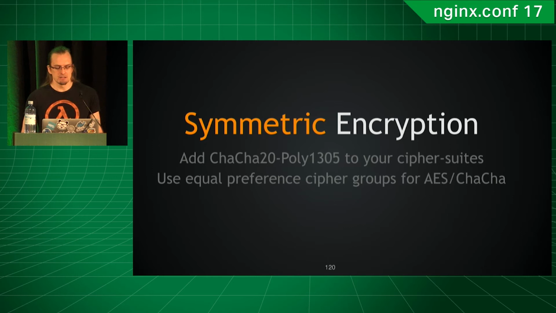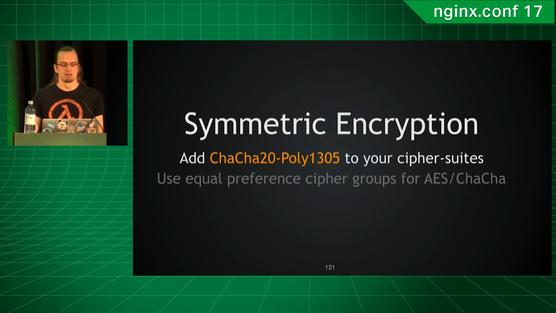And let's talk about symmetric encryption. If you're transferring huge files, then you will probably see OpenSSL symbols on perf-top. Here, I can advise you to enable ChaCha. First, it will diversify your cipher use, so you will not be AES only, which is good.